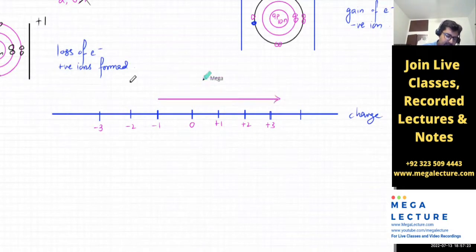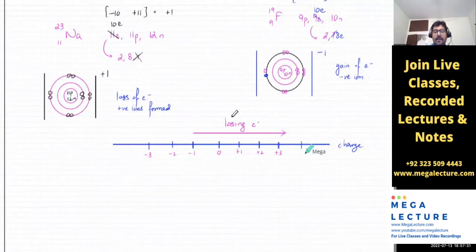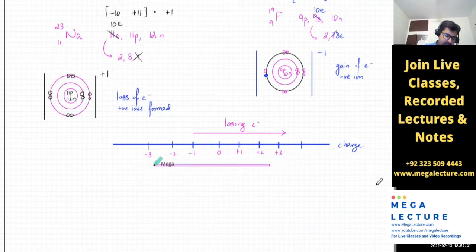If you're heading in this direction, that means you're losing electrons. I'm talking about the overall charge. Whenever you lose electrons, you become more positive. You go from +1, you lose another electron, you go to +2, you lose another, you go to +3, and so on. Whenever you gain electrons, you become more and more negative.